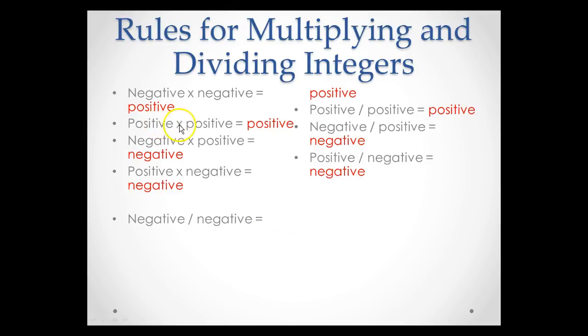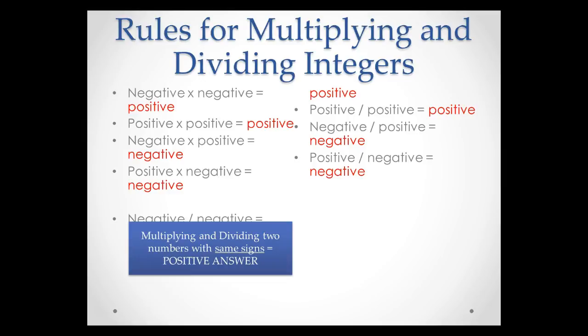Now, a positive times a positive is a positive, and you've always known that. 5 times 3 is 15. Those are two positive numbers that equal one positive number. So don't get that confused with your adding integers operations. When you're multiplying, a positive times a positive is a positive, and a negative times a negative is a positive.